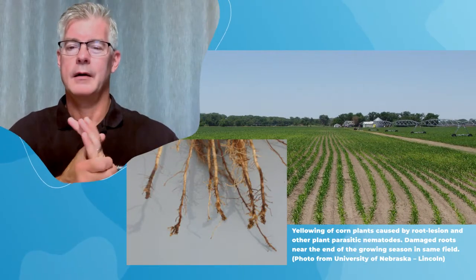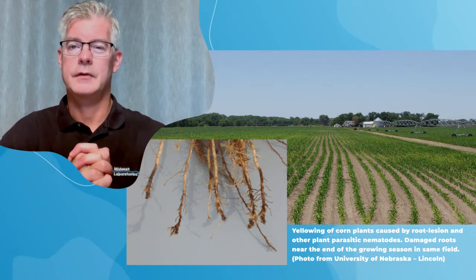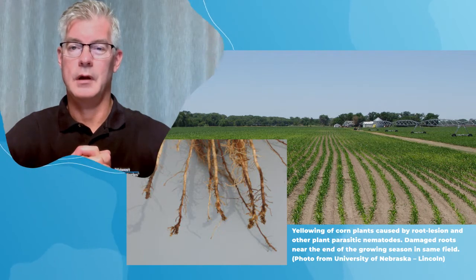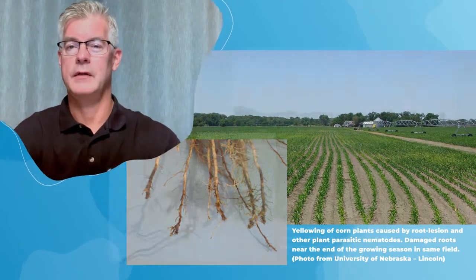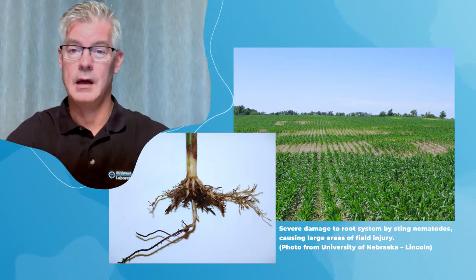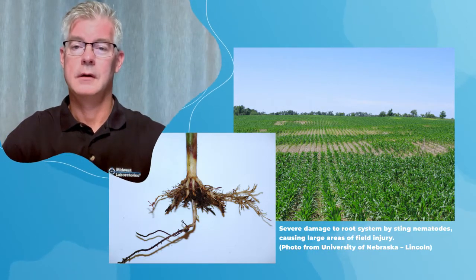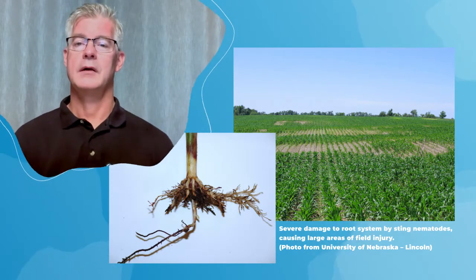While a lot of times the nematodes will cause nutrient deficiency, the real issue is the feeding going on in that root system by those nematodes. You have a compromised root system, and that plant cannot take up nutrients as it should. It's an unhealthy plant, and it is compromised.